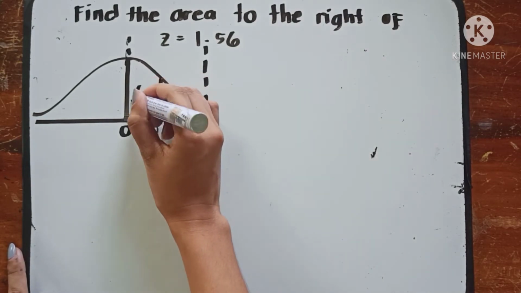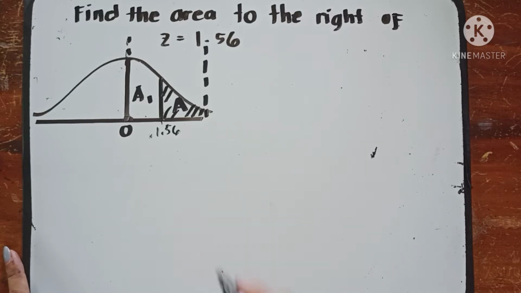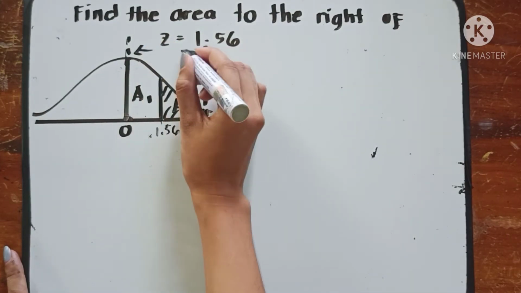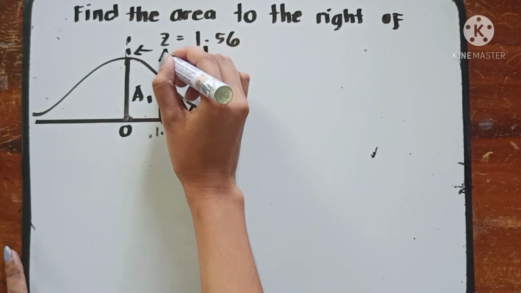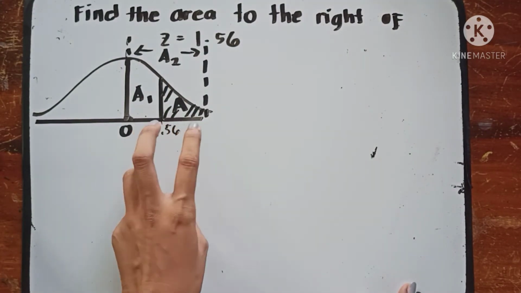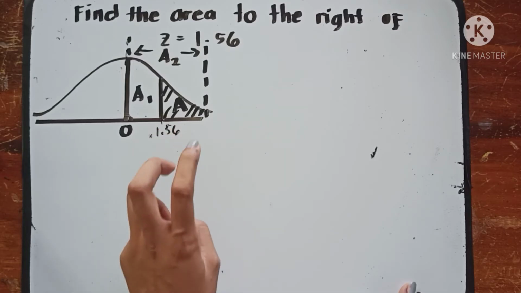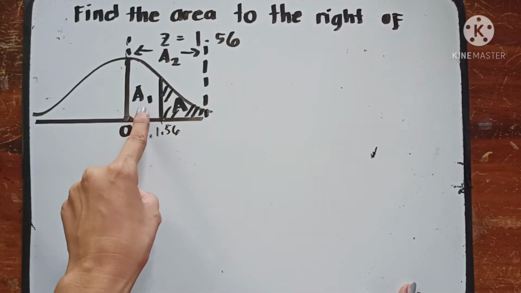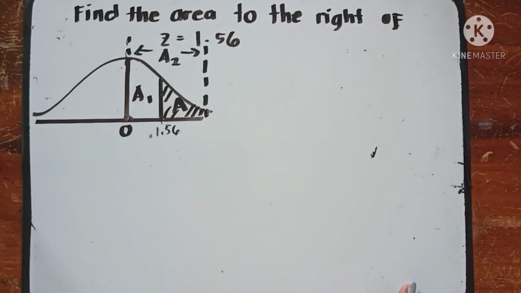Okay, so we let this as A sub 1 and itong half na to ay A sub 2. Again, para mahanap mo itong part na to, kailangan mo munang hanapin itong A sub 1 and yung value ng A sub 2.